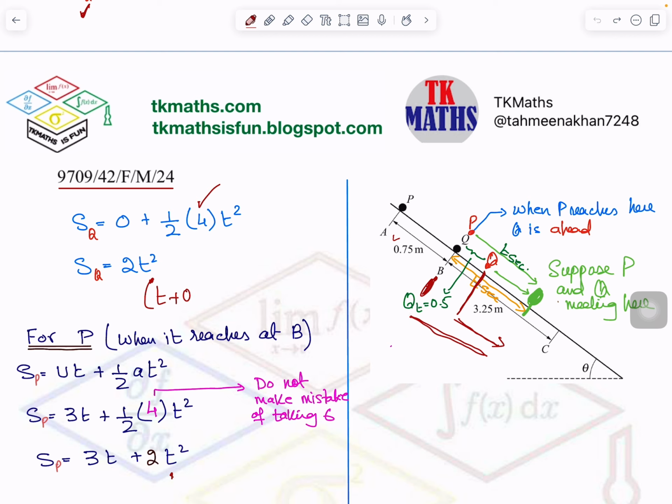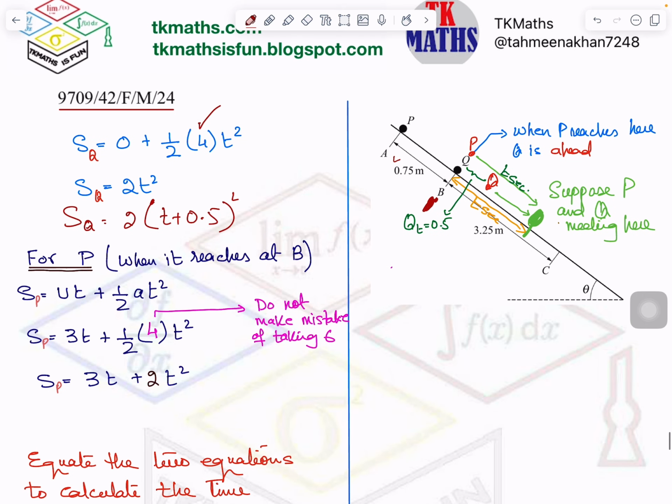So that's why in the equation of Q, I will write 2(T plus 0.5) square. So now I can equate the distance equation of Q and distance equation of P to get the time.